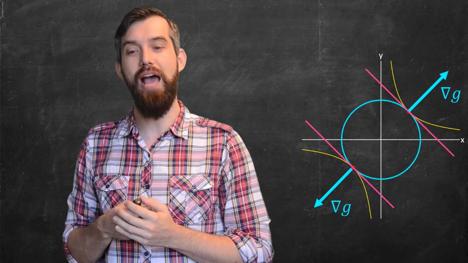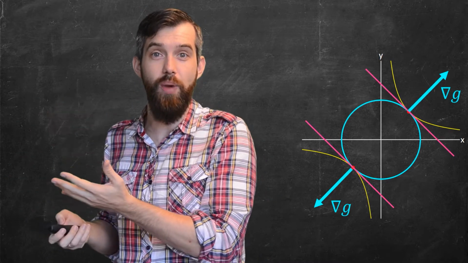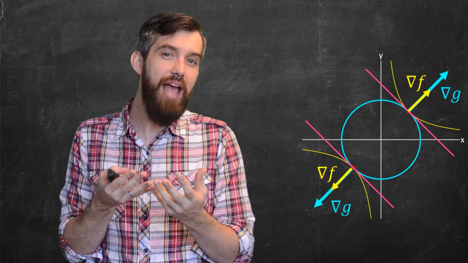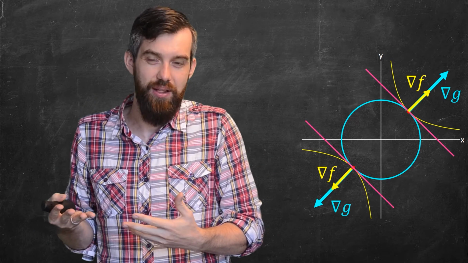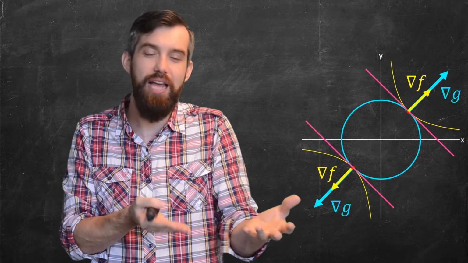Likewise, if I look at the normals to the level curve of my function, I'm also going to get a gradient of f, and my gradient f and gradient g are both normal to the same tangent line.